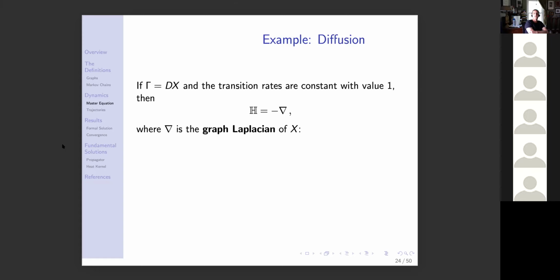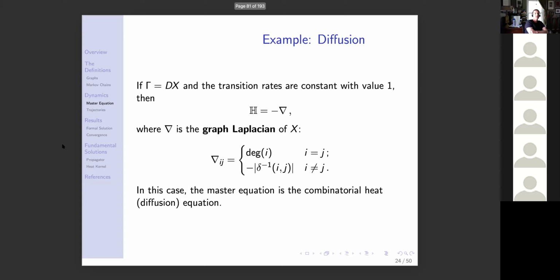This is a very studied operator in graph theory. Its matrix entries give the degree of your vertex, that is, the number of edges at that vertex, if I equals j, and the negative of the number of edges connecting I to j if I is not equal to j. In this case, the master equation is known as the discrete or combinatorial heat equation, or the diffusion equation.